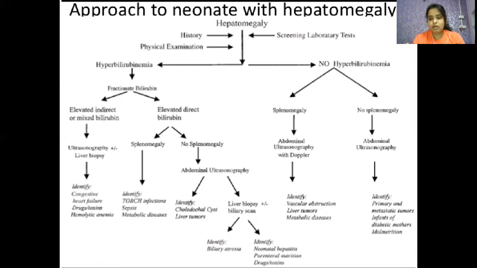If no splenomegaly is found, do abdominal USG to identify primary and metastatic tumor, infant of diabetic mother and malnutrition. So this is the approach to a neonate with hepatomegaly. We have to carefully observe all these things in case of hepatomegaly.